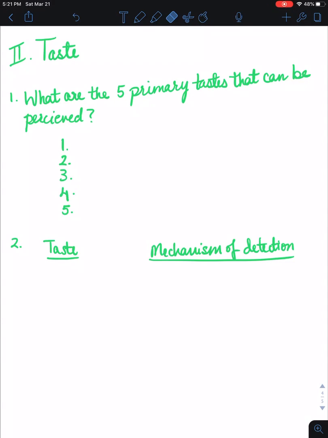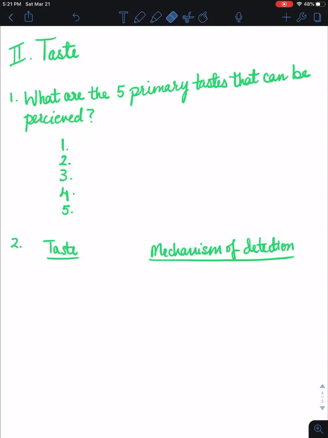Okay, so the sensory system of taste uses a combination of different mechanisms to yield a perception of a specific taste.